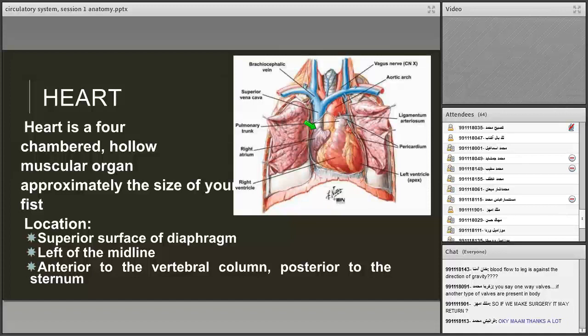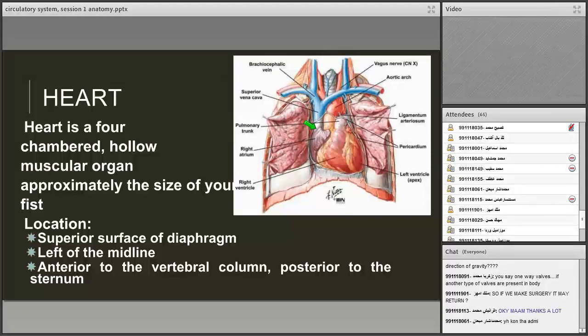No, blood flow to the leg is not against the gravity. It's in the direction of the gravity in the arteries. Pay attention. The blood flow to the legs is in the direction of the gravity in arteries, but in veins, the blood has to come back to the heart.